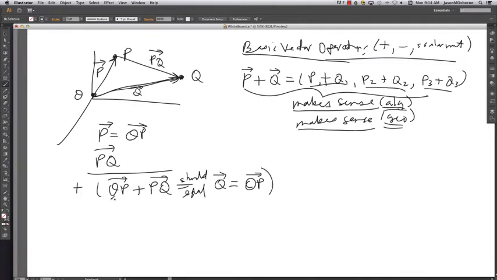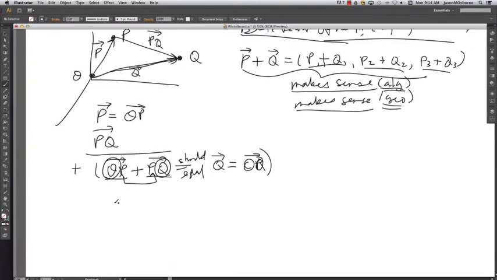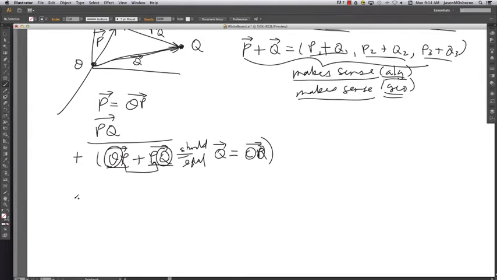So take a look at what we have here. We have the vector from O to P. We have the vector from P to Q. Since these insides match, the result should be this point and this point. So the vector from O to Q. This is O to Q. Okay. So let's double check that that makes sense with a number.